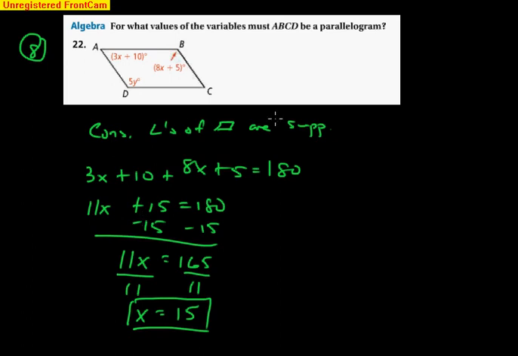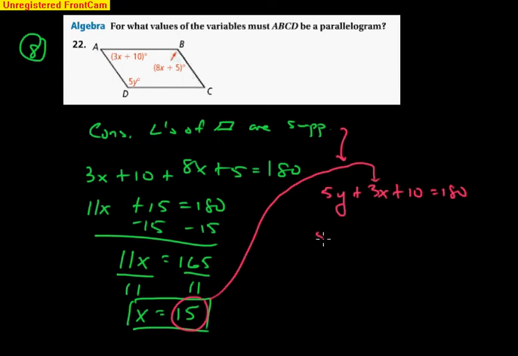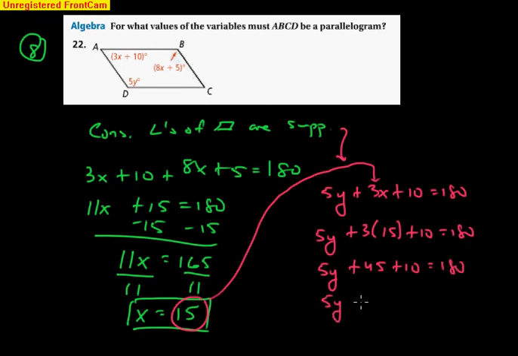So now I'm going to do the same thing with this pair of consecutive angles, A and D. So I'm going to use the same idea. 5y plus 3x plus 10 equals 180. Except now I have what x is, so plug it in. 5y plus 3 times 15 plus 10 is 180. 5y plus 45 plus 10 is 180. 5y plus 55, 45 and 10 is 55, is 180.